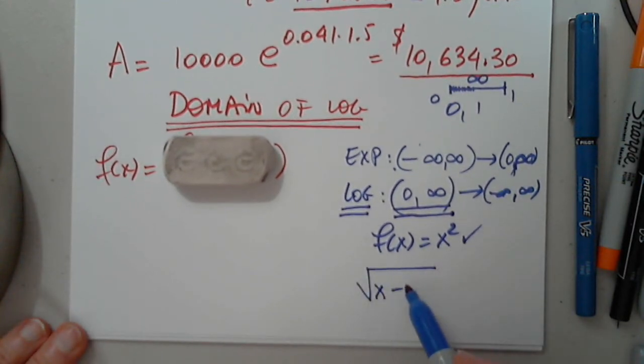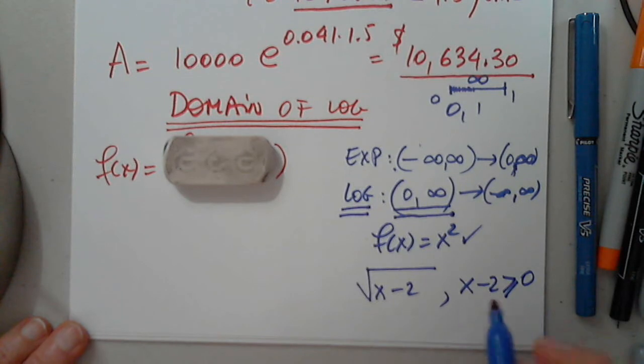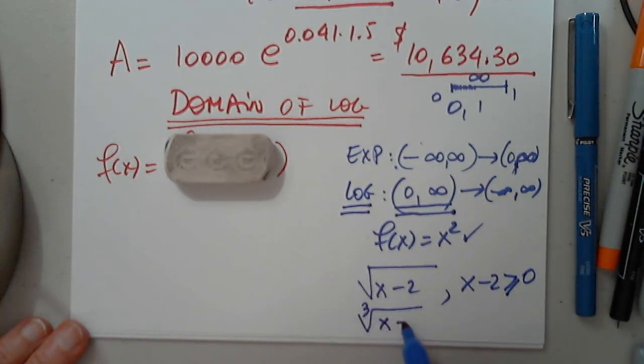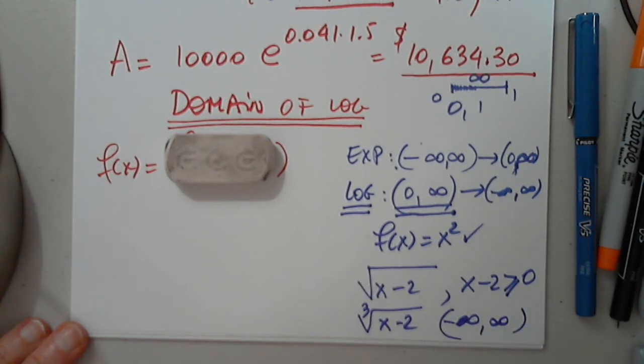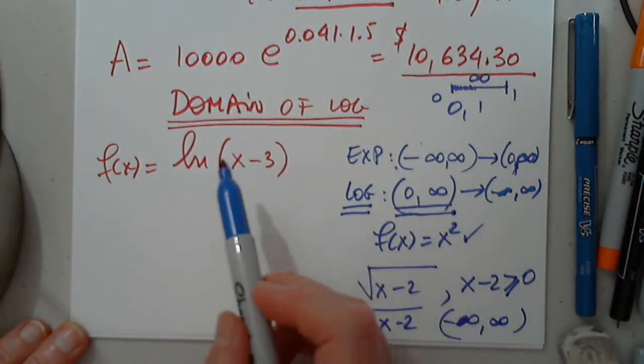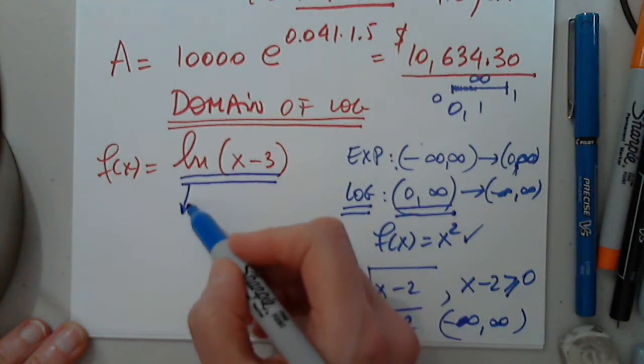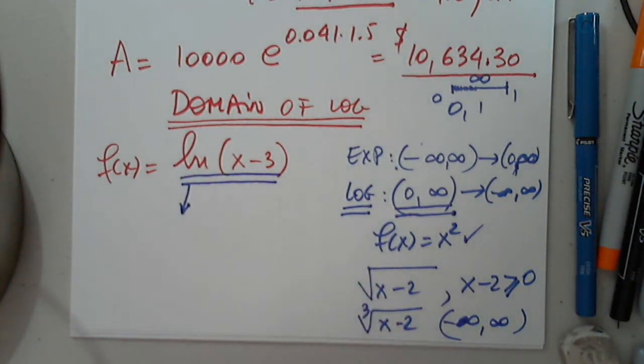I know nobody likes it, but I have to worry about it. I have to write that x minus 2 has to be greater than or equal to 0. I do like the cube root because I don't have to write anything. The cube root exists for anything. So this is negative infinity to infinity. So now whenever I see log, I have to worry about it. So then what do I have to write that will help me find the domain?